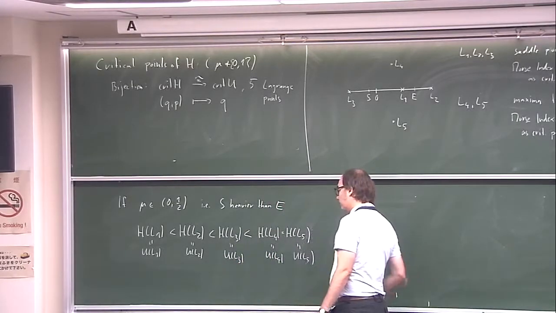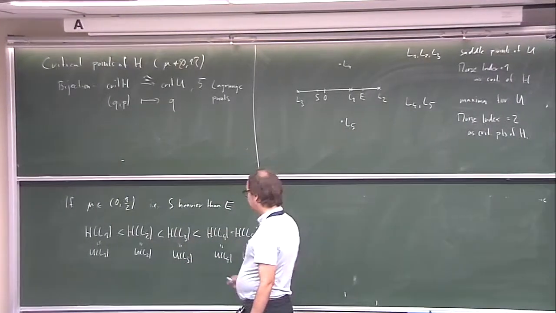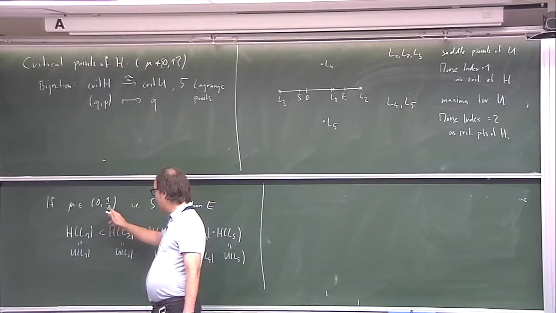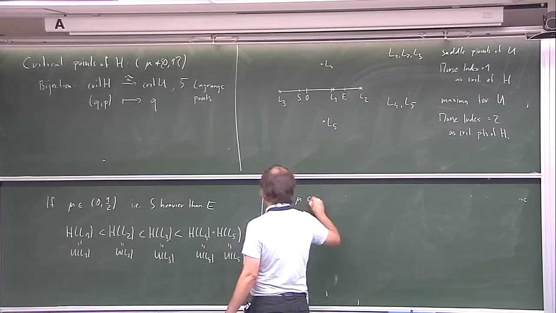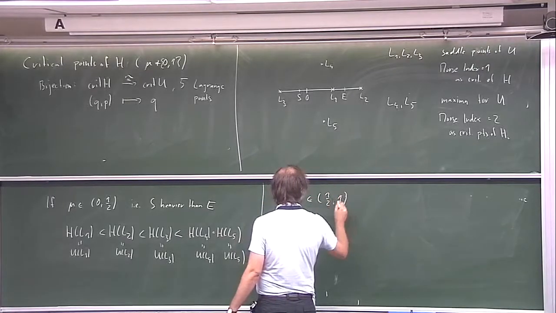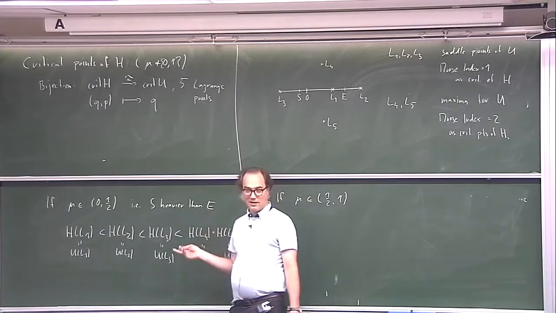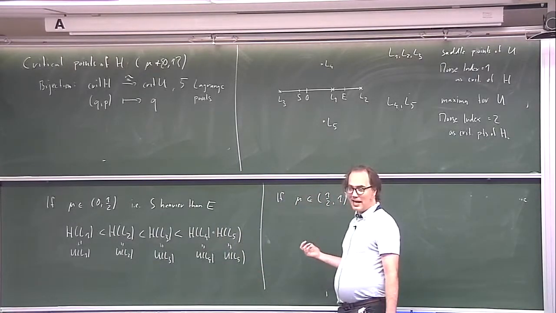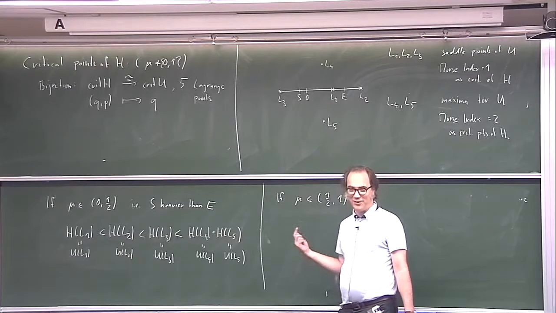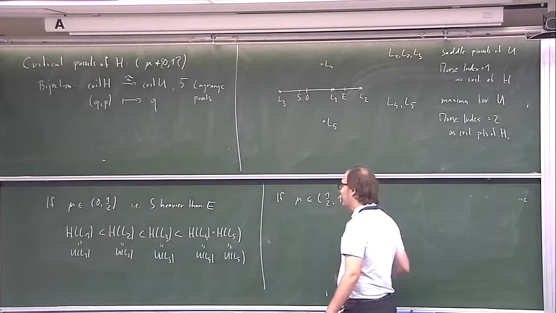And if mu is between 1/2 and 1, that means the Earth is heavier than the Sun, then you can just rename, call the Earth Sun and the Sun Earth.